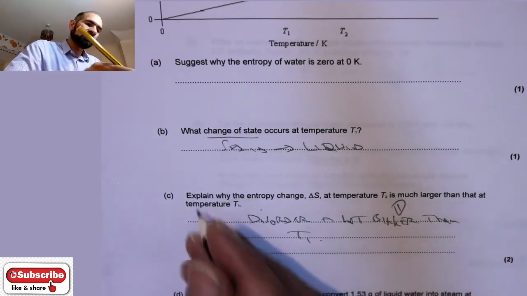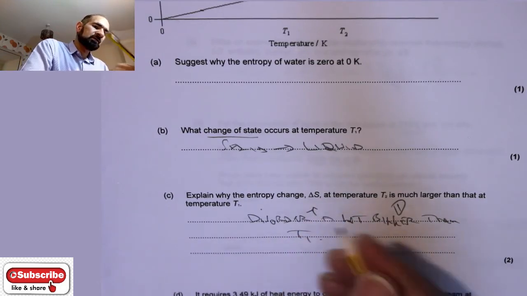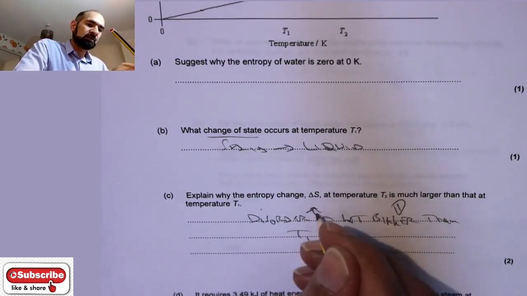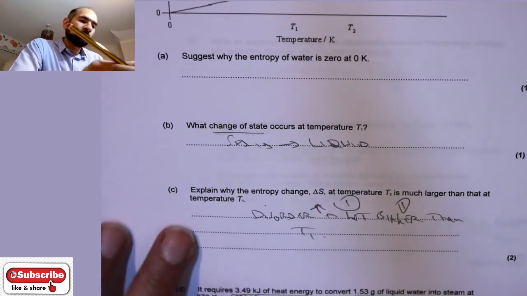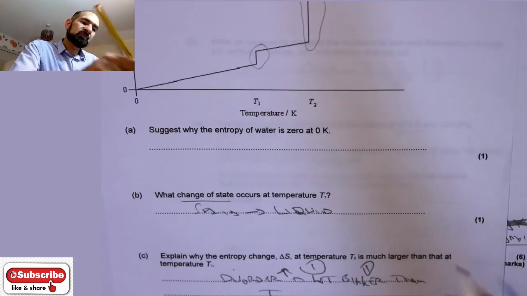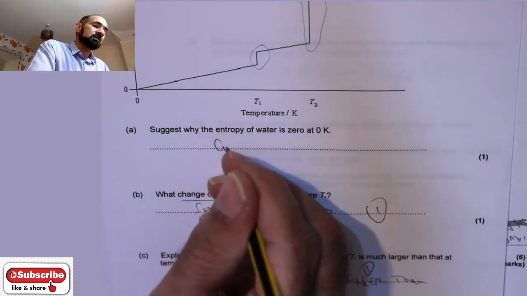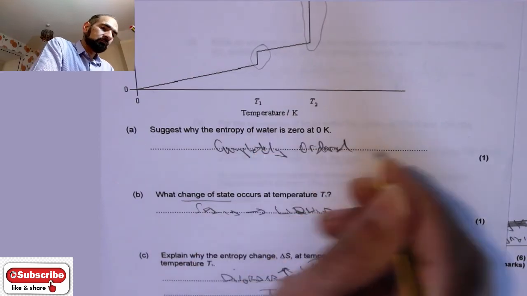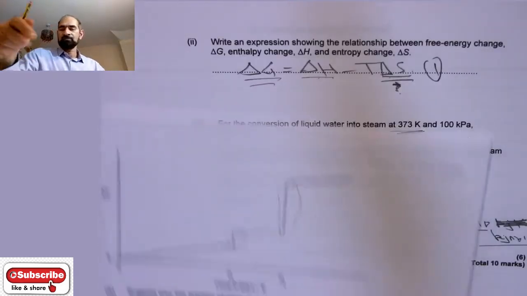So disorder increases. Maybe we should put that down actually. Disorder increases is a lot bigger than T1. That's 2 marks, and then that's 1 mark. That suggests why the entropy of water is 0, completely ordered. That's another mark. Okay, 10 mark question.